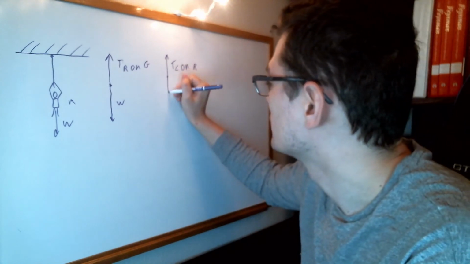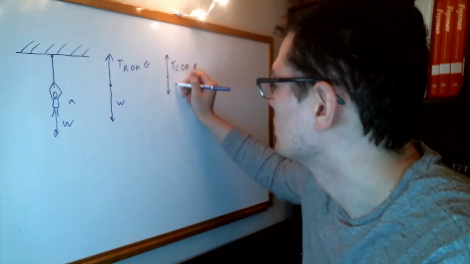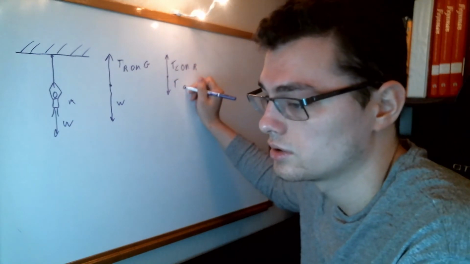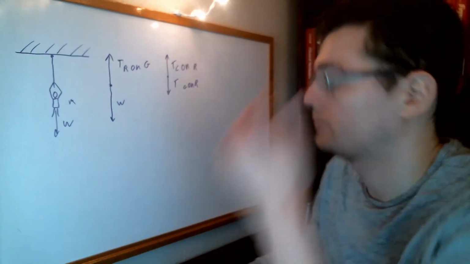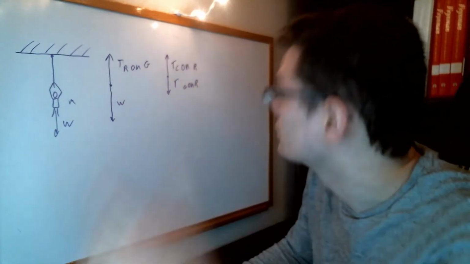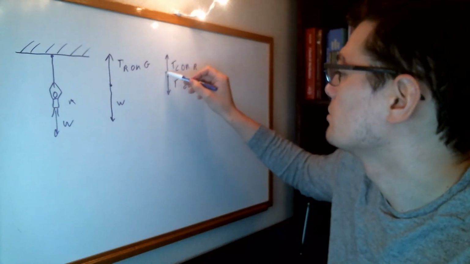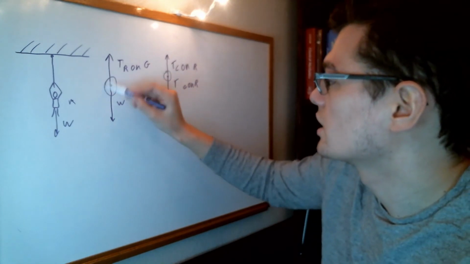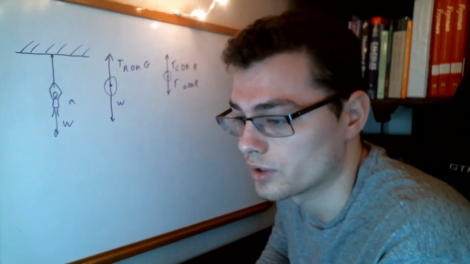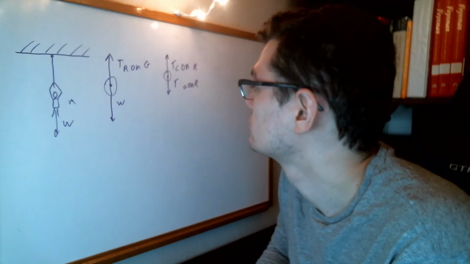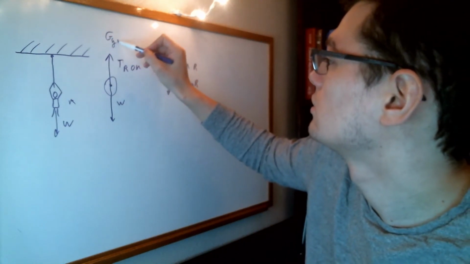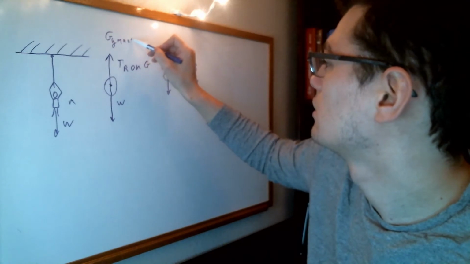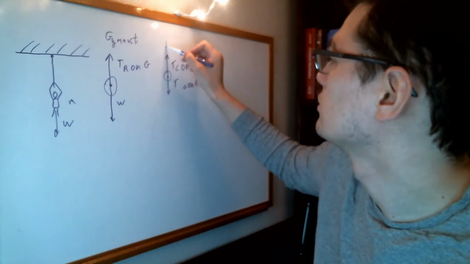And this one here is going to be T gymnast on rope. So this one is taking a rope-centric point of view, and this is taking a gymnast-centric point of view.